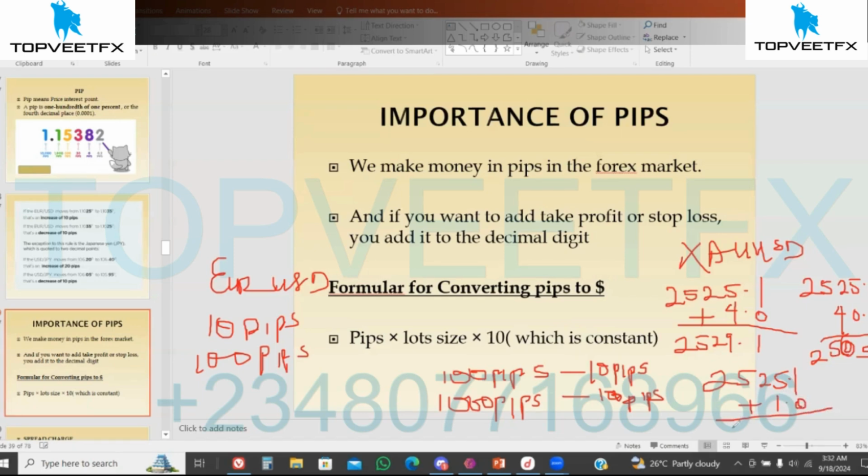So your final stop loss will be 2526.1. I believe we all understood this perfectly well right now.